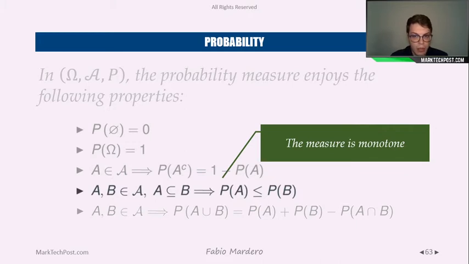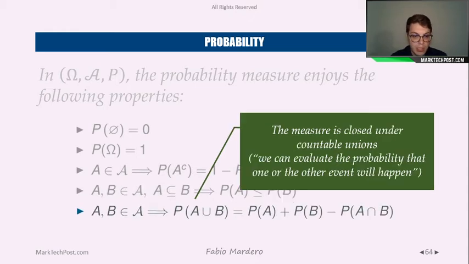In the fourth property, we show again that the measure is monotone. In particular, we have two events, and one event is a subset of the other. Then, of course, the probability of the first event is less than or equal to the probability of the bigger one.